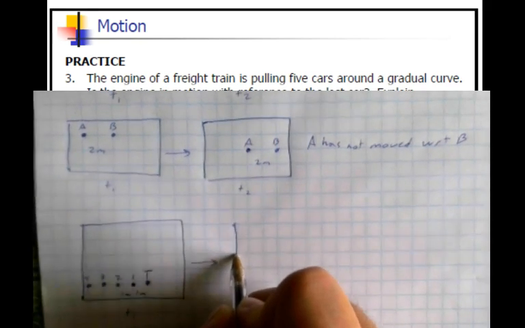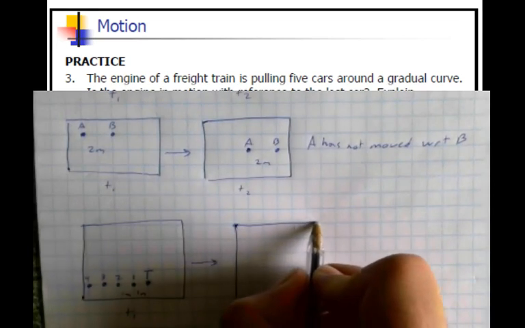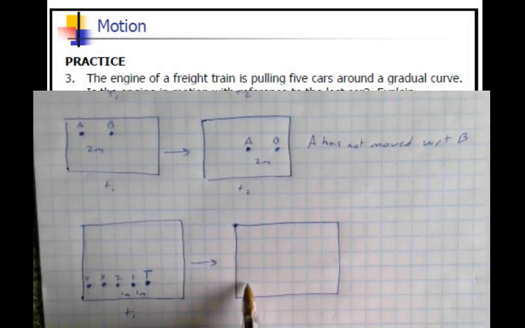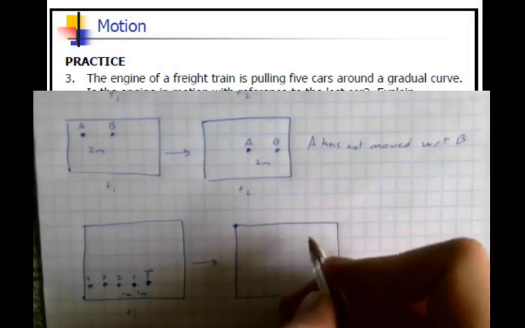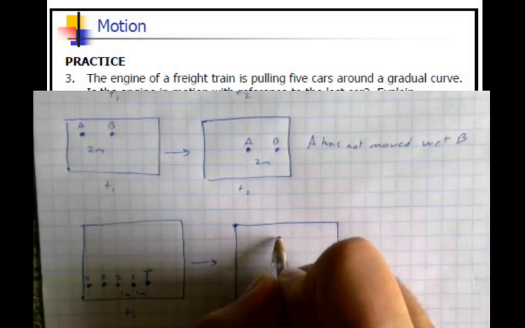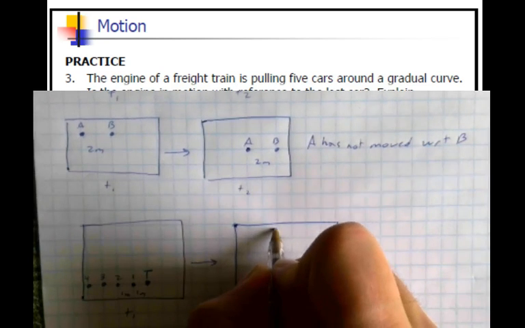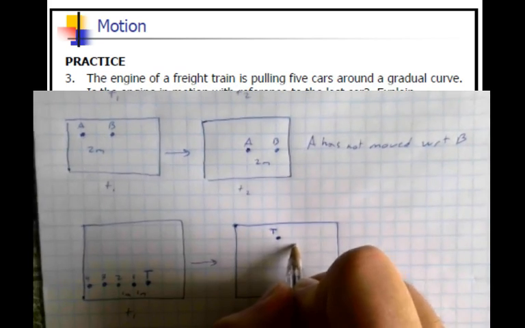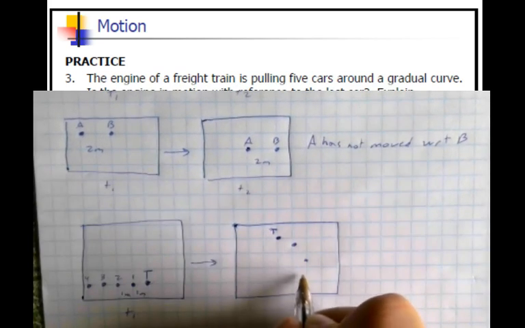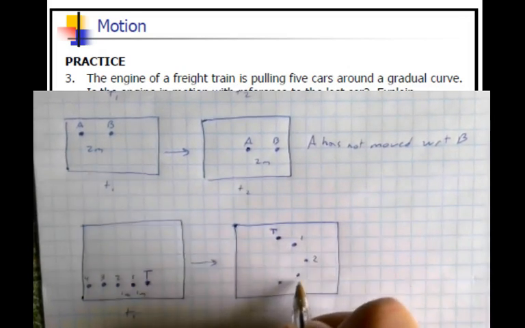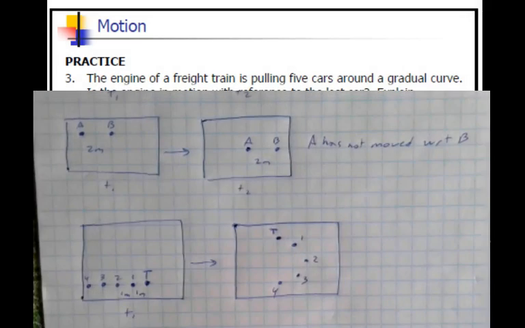In my time frame 2, the train would have made a curve. So let's make a bit of a curve here. Let's say that the train is here, the engine, and the remaining carts are in a circular pattern away from the train.